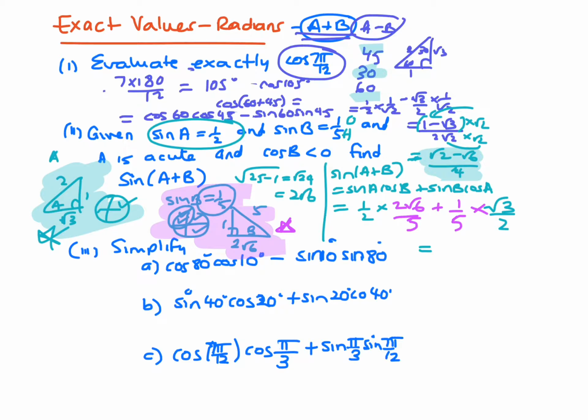Okay, so we have 10 on the bottom, because they both have denominators of 2 times 5, which is 10. On the top, that's 2 root 6 plus root 3, and that would be about it.